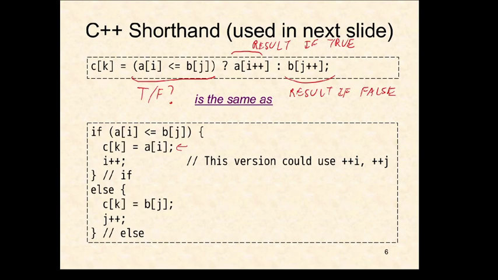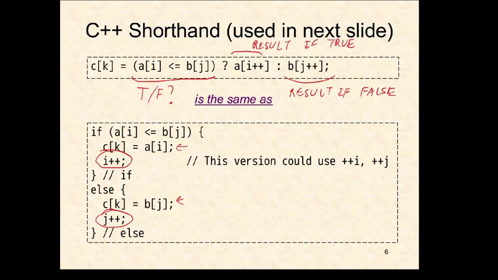Else, take what's in B sub j and assign it to C sub k, and then increment j. Now in this version, because the plus plus happens all on one line, we could use pre-increment instead of post here, but I wanted it to be consistent. So this is really the order of operations that happens in the ternary operator.